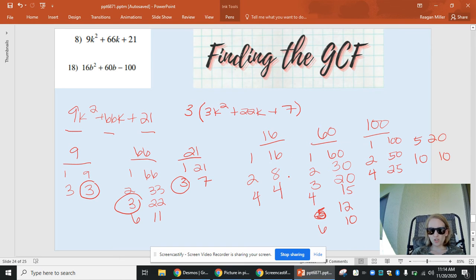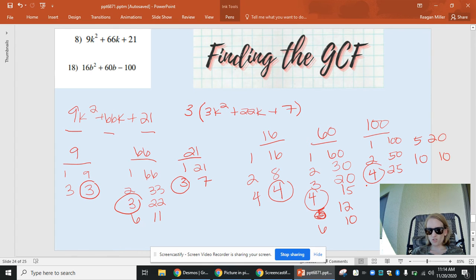So here you just want to look for the largest number that divides evenly into these 3 numbers. So what is the largest factor I listed here that divides evenly into everything? Well, I see this one doesn't have an 8, this one doesn't have an 8, and neither of these have 16. It looks like 4 is probably my largest number.